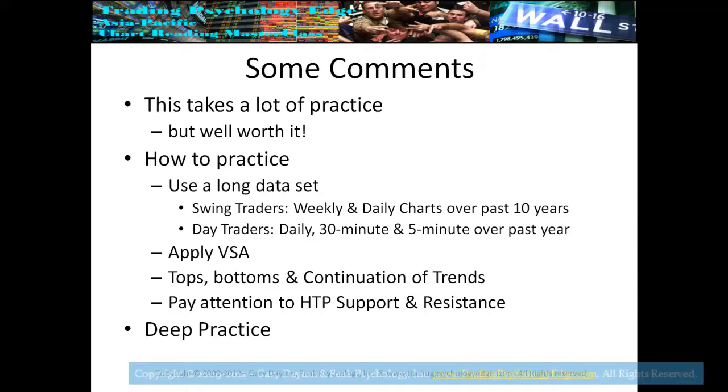And look at the tops and the bottoms like we did here tonight, and also the continuation of trends. Basically what you'll see, and we'll see this on Sunday, is that in a continuation, you'll get a pullback, and if we're in a downtrend, that pullback is going to be to the upside, with overlapping price bars, light volume, and relatively narrow spreads or ranges.